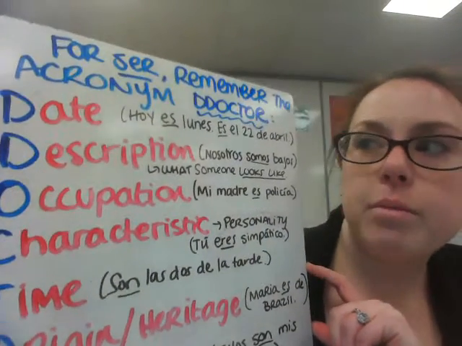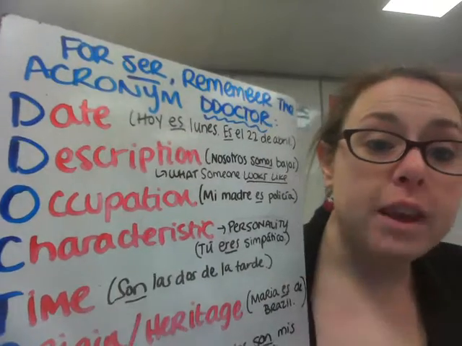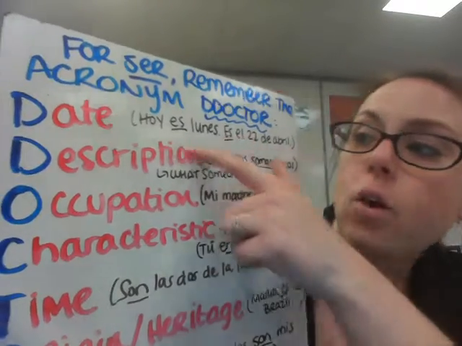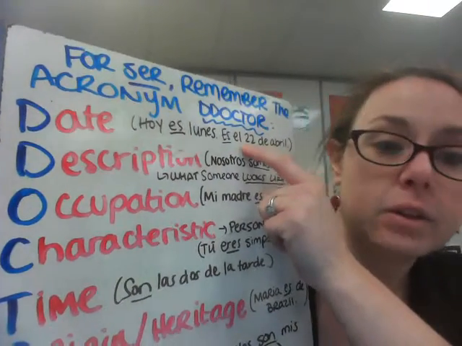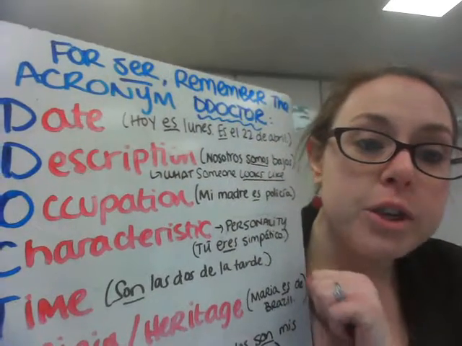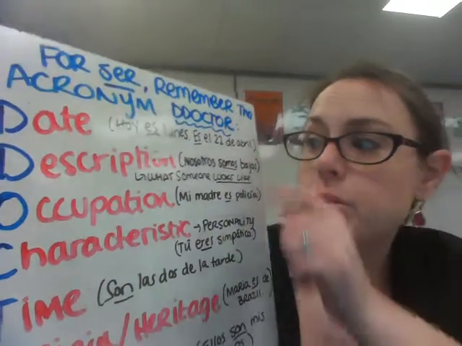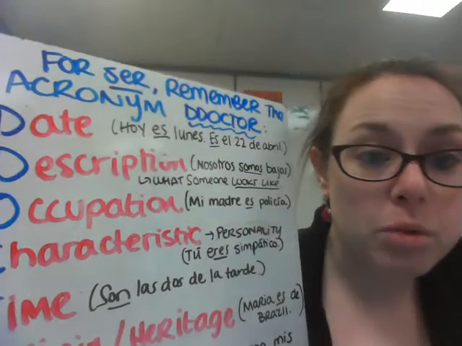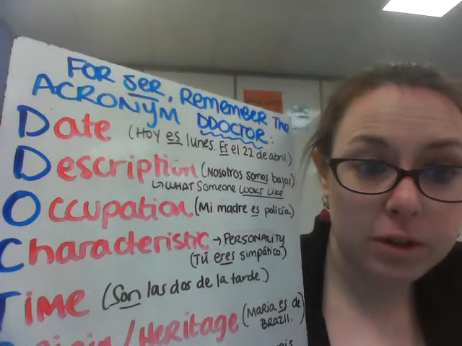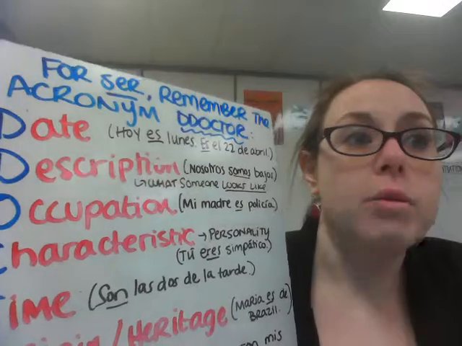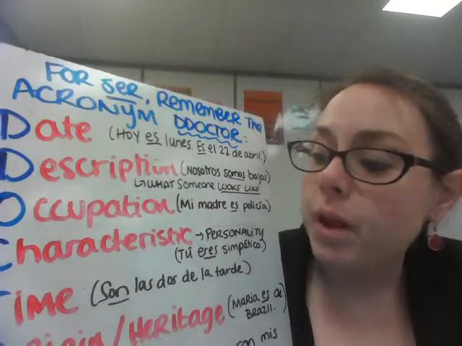Date, I use to talk about the date, okay? It could be the day of the week or the actual date, like hoy es lunes, es el 22 de abril. Description is when we want to describe what something looks like, okay? So physical description, like nosotros somos bajos, okay? That would be a physical description, or yo soy bonita, or something like that.